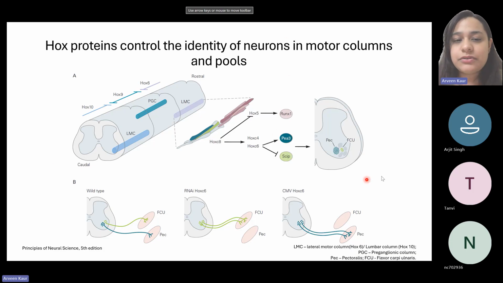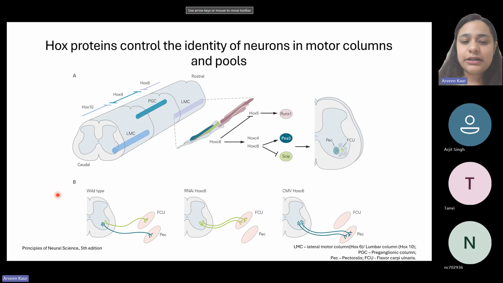So this is just a representation to tell you that different Hox genes or gene pools will determine the fate of that region, and what kind of activity that region will have. That is why these homeodomain proteins are so important in development.